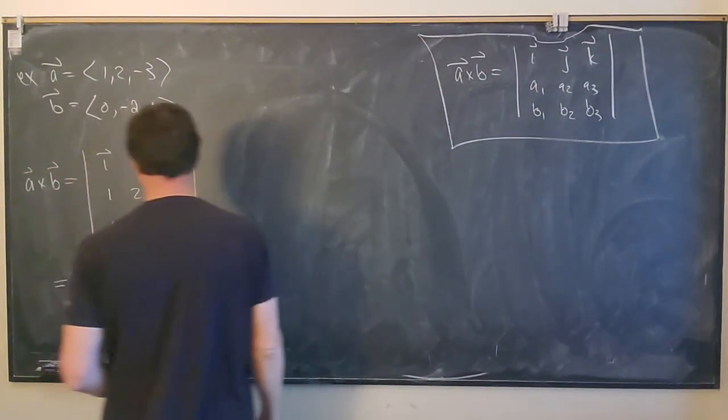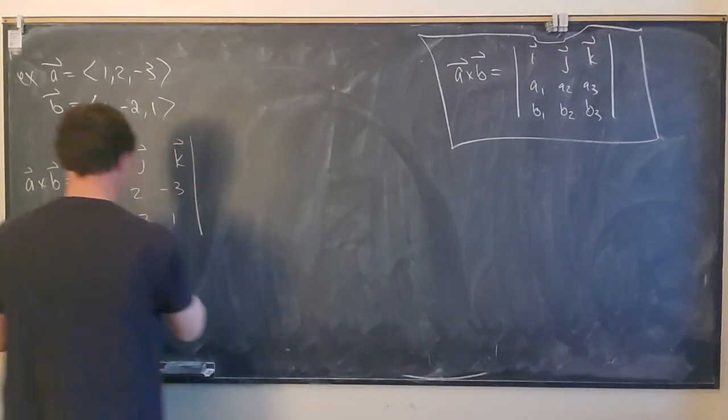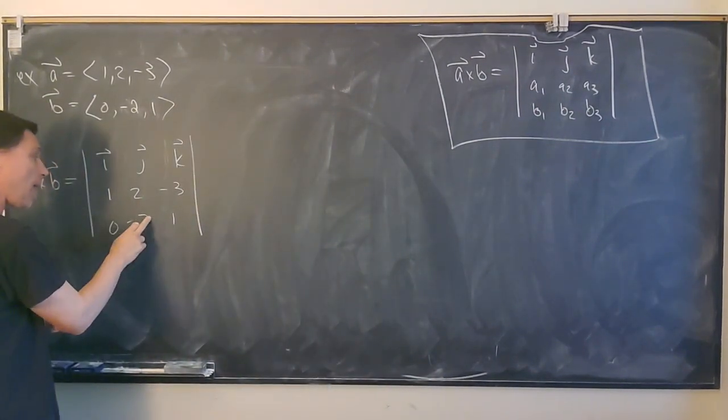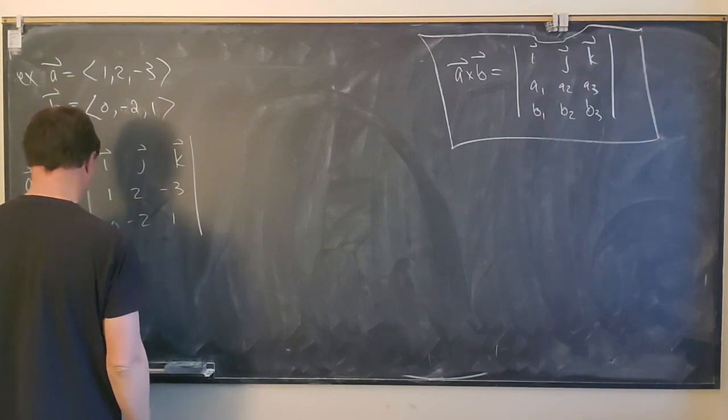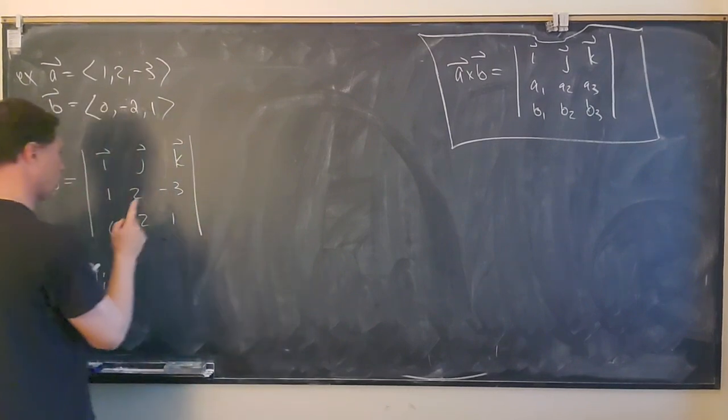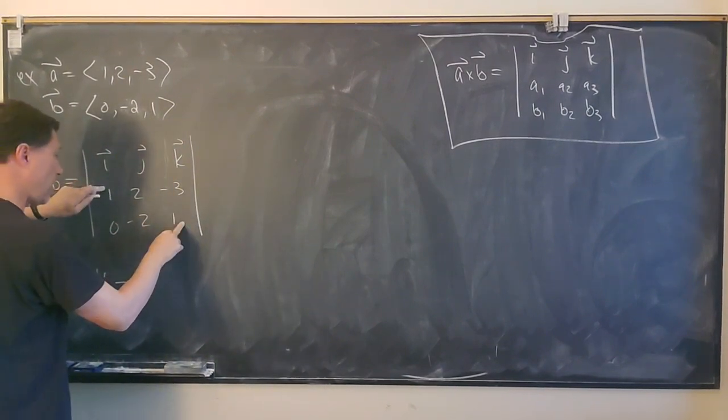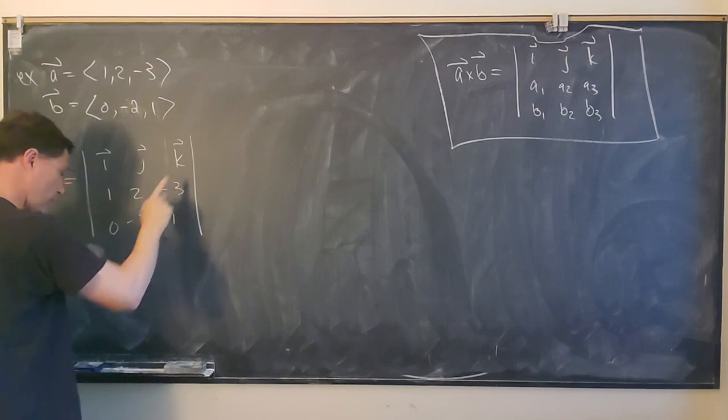So let's see. First, it's going to be the I component. So that's going to be 2 minus 6, so that will be a negative 4 times I. Then we do minus, and so it's going to be 1 minus 0.